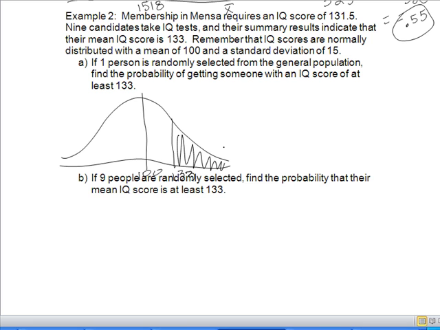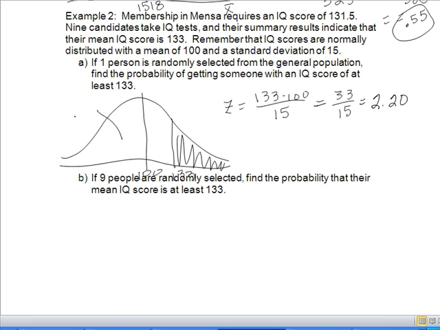Now we're going to work with a sample. This time we have a sample of size 9. If 9 people are randomly selected, find the probability that their mean IQ score is at least 133. I'm using greater than rather than greater than or equal to here. Our picture's again going to look pretty much the same, but the way we calculate z is what will change.